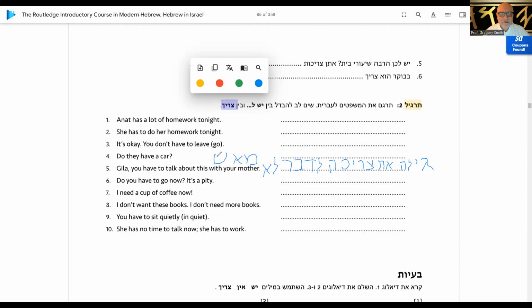And then shelka is kind of like, or it's shalek. It's going to be shalek, not shelka, because I think this Gila sounds like a girl. So it's going to be feminine. So it'll be shalek, not shelka. All right, so that's the best I could do on that.